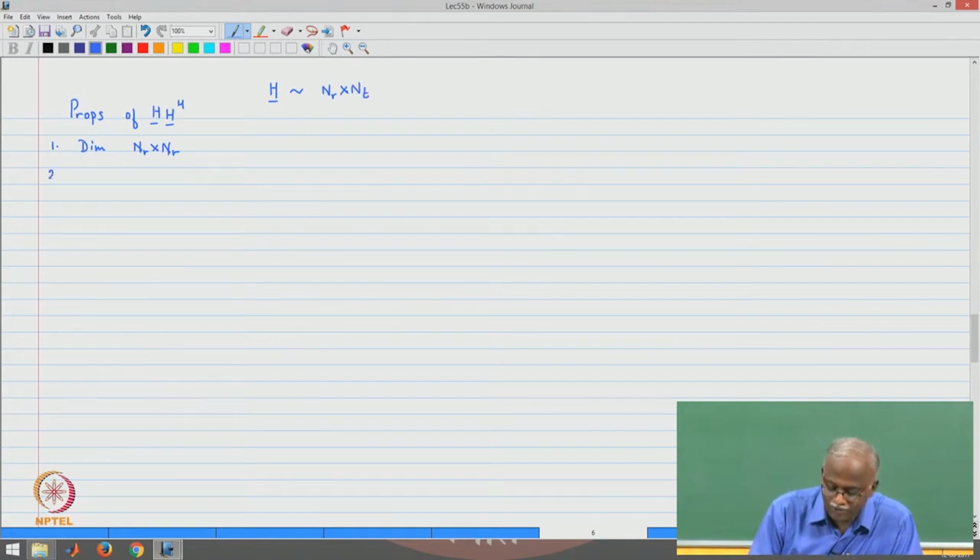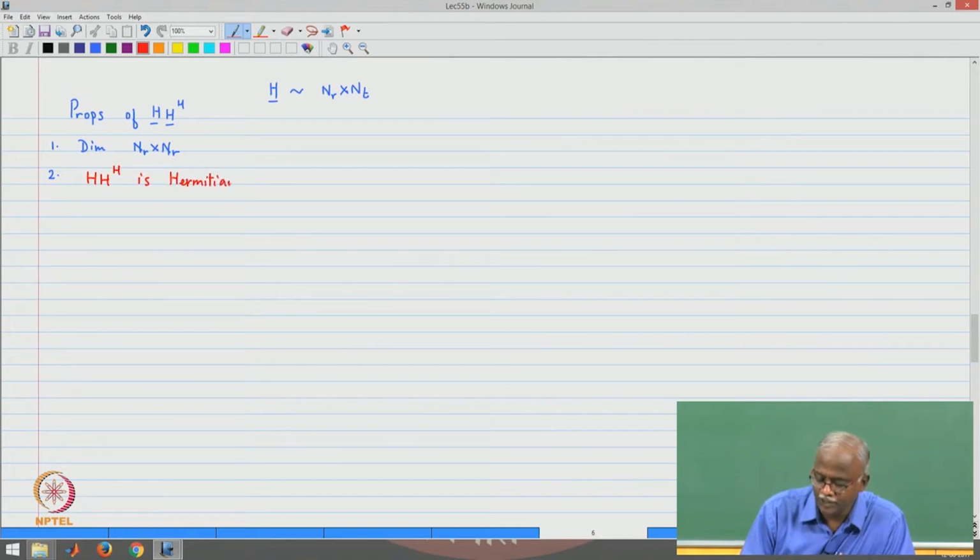The second observation, a very important one, is that H H Hermitian is by nature Hermitian, by virtue of its structure. If you take the Hermitian of it, you get back the same expression. And more importantly, the third property is what is most important. H H Hermitian is positive semi-definite.